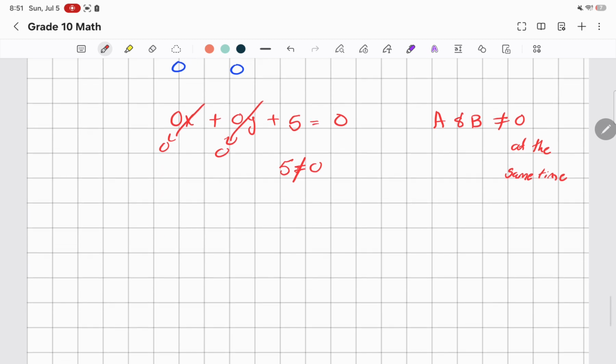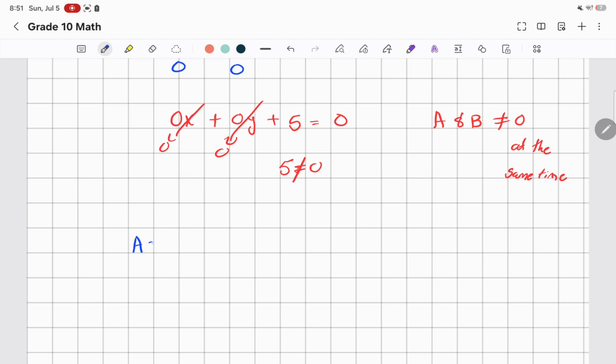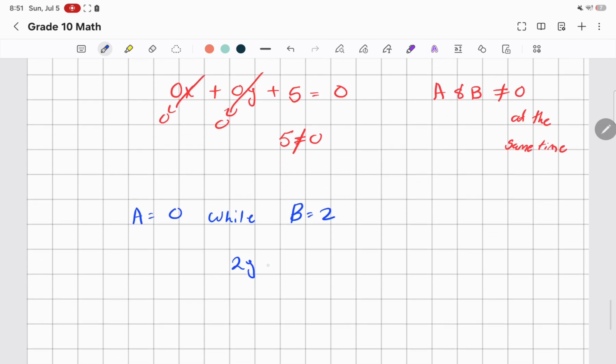Now, a can be 0 while b is a whole number. So for example, you can have something like 2y plus 5, which is your c, equals 0. Or 3x plus 2, which is your c, equals 0.